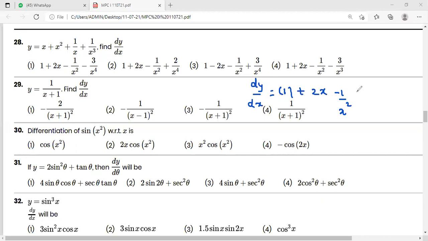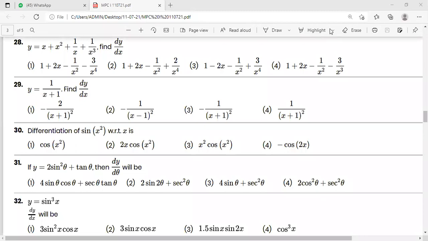Next, the fourth function is 1 by x cube, that is x power minus 3. That means minus 3 into x power minus 3 minus 1. That means by x power 4 only. So finally the answer will be 1 plus 2x minus 1 by x square minus 3 by x power 4. This is the derivative for the given function.